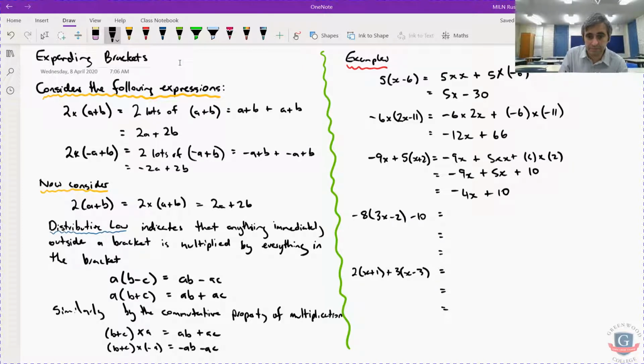Same drill here. That's negative 8 times 3x plus negative 8 times negative 2. Take away 10. So that gives me negative 24x. Negative times negative is positive. Plus 16. Take 10. Negative 24 plus 4.